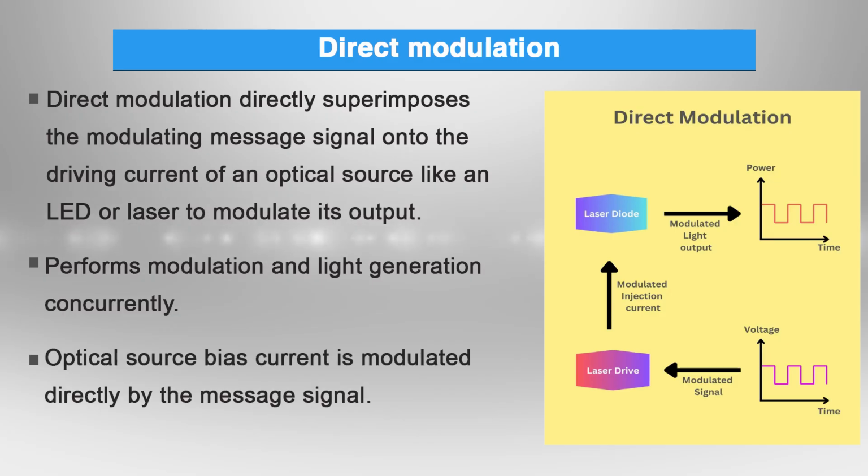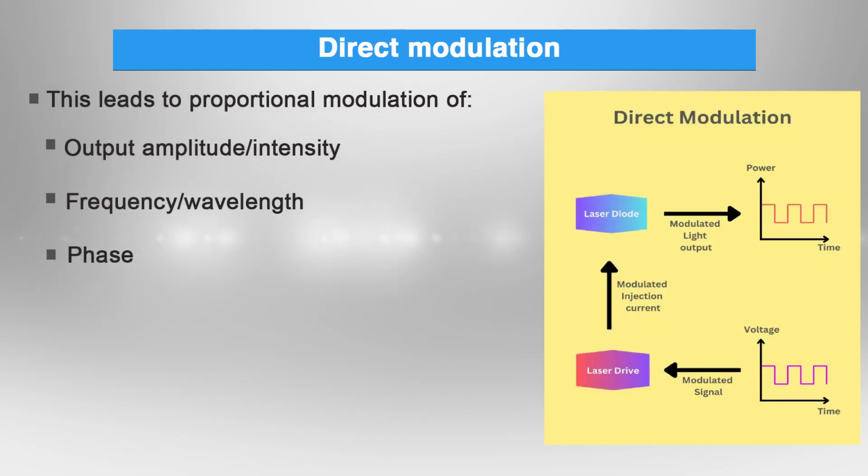Optical source bias current is modulated directly by the message signal. This leads to the proportional modulation of output amplitude or intensity, frequency or wavelength, and phase.